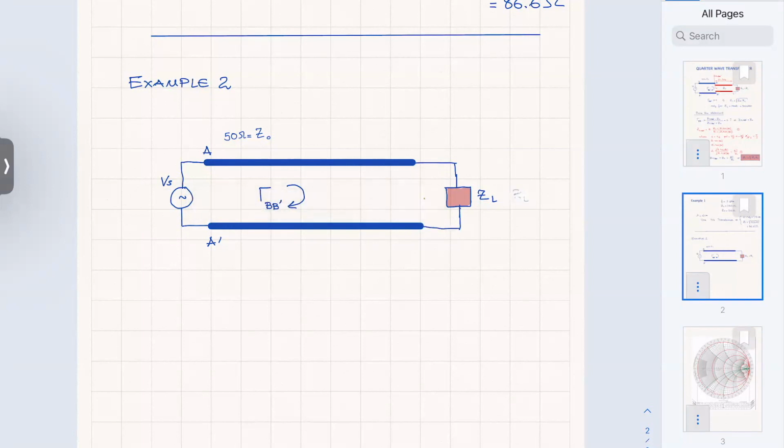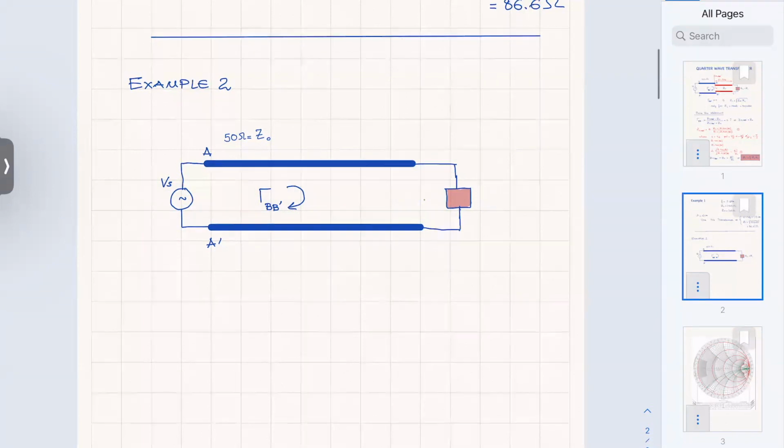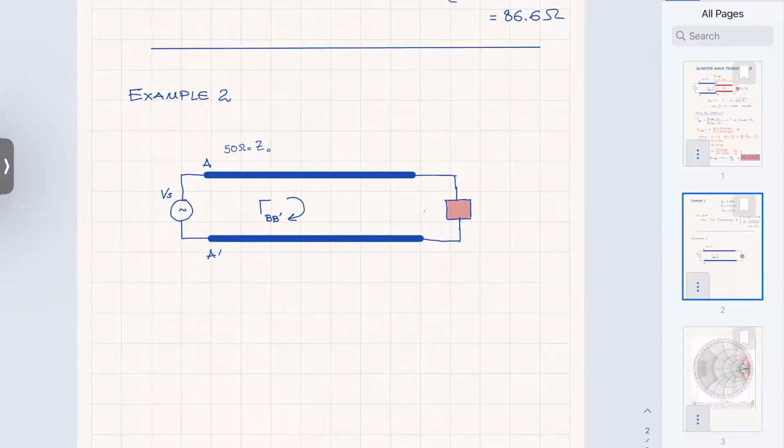And this load now is reactive. This load, I will give it to you like that, is R plus j omega L. And here Z naught is still the same. Let me write it here. So what I give you is f to be 10 gigahertz. Okay, I give you that R is 80 ohms.